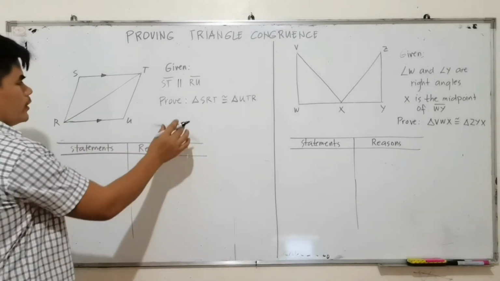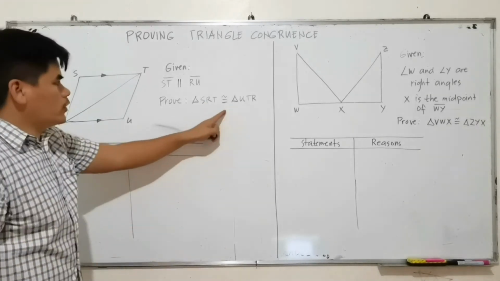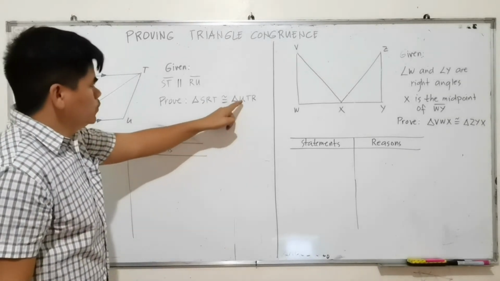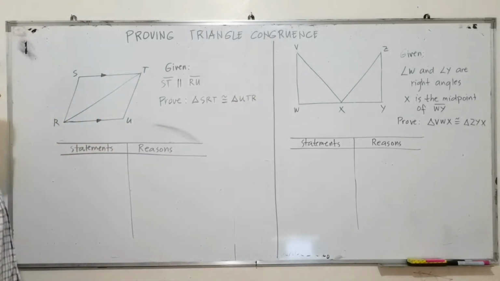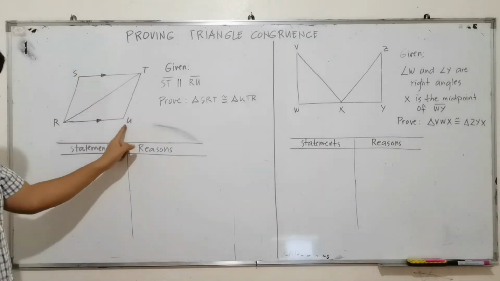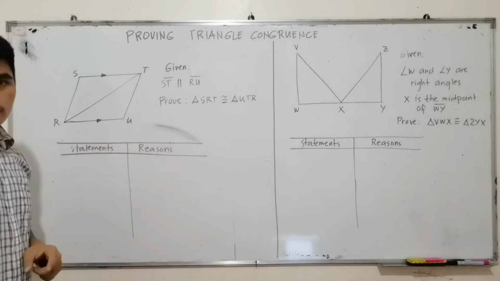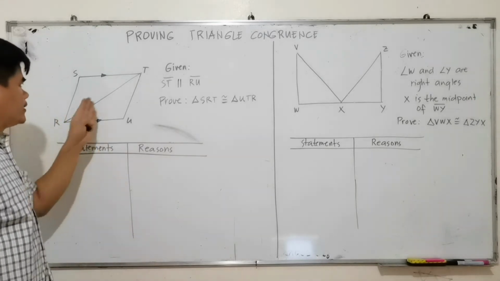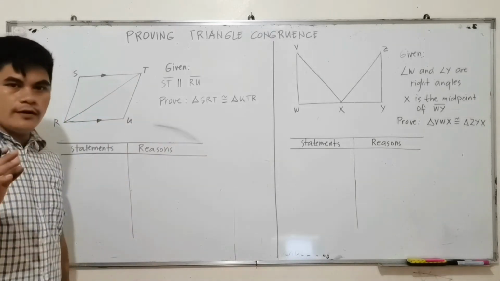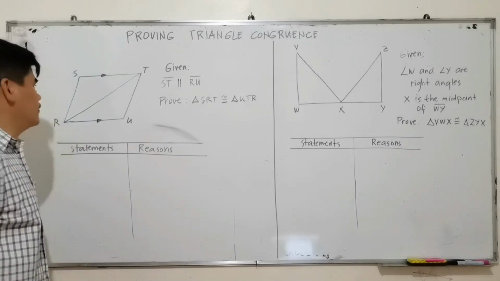Okay. Now we are going to prove the triangle SRT is congruent with triangle UTR. Take note that these lines here are parallel and we have a transversal. So when we have parallel lines and a transversal, then we have in mind alternate interior angles.